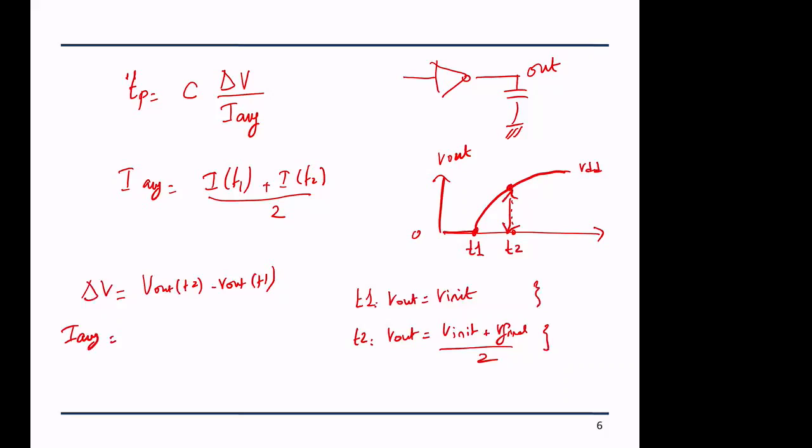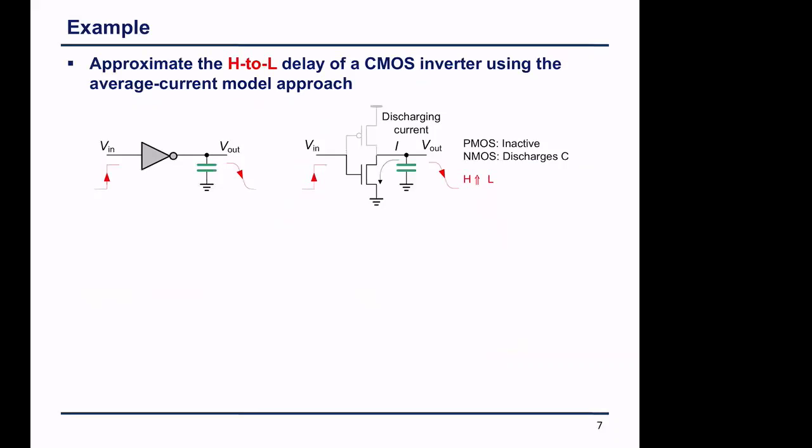So if we take this now to a CMOS inverter, and assume that we want to approximate the high to low delay of the CMOS inverter using the average current method, then we will assume that the output starts high, which is VDD, and drops to 0 eventually.